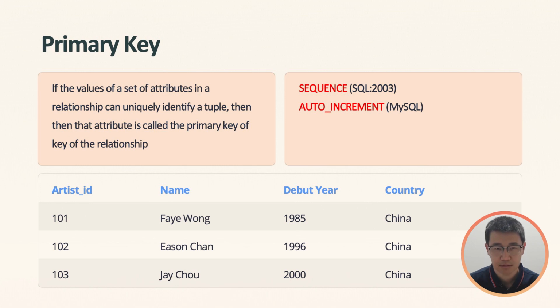In a database, everyone knows that if an attribute of a relationship uniquely identifies a tuple, it's called the primary key. Generally, identifiers are used as primary keys because common attributes like names can have duplicates.